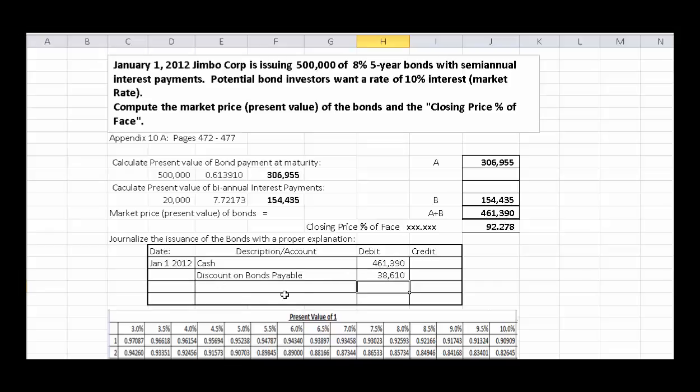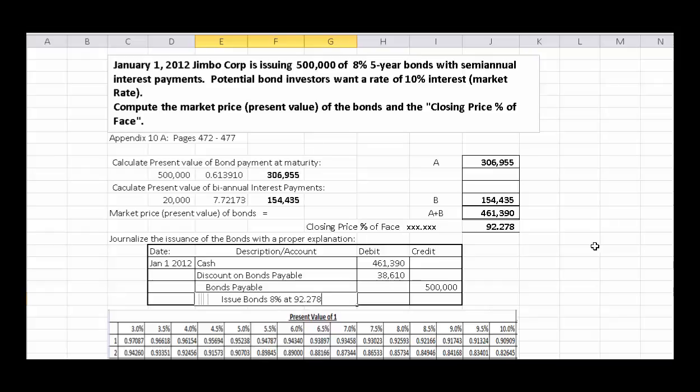Then we have bonds payable, and that's your 500,000. We put our explanation here as issue bonds 8% at 92.78.